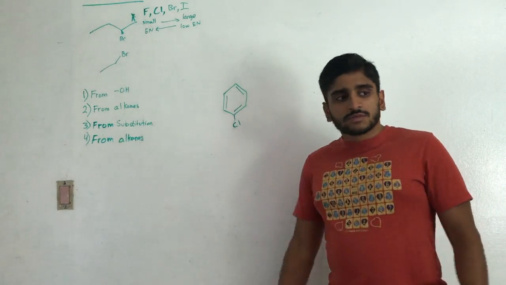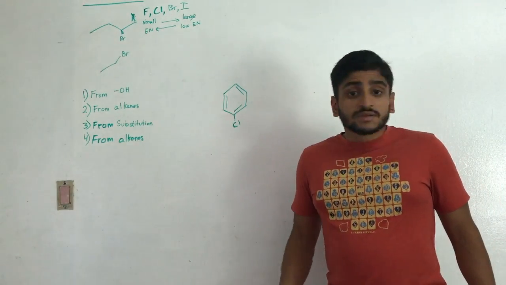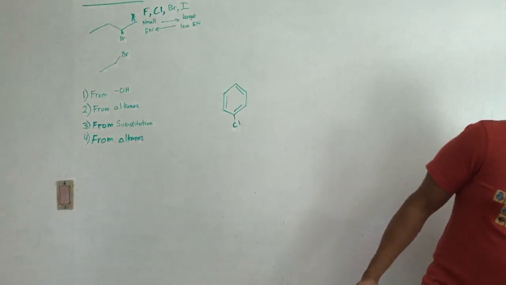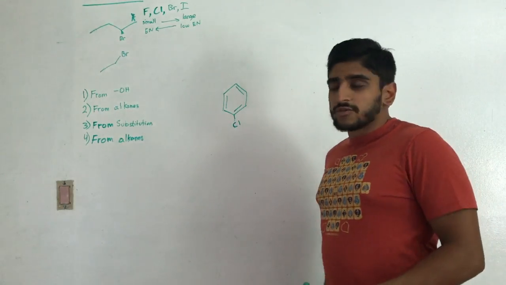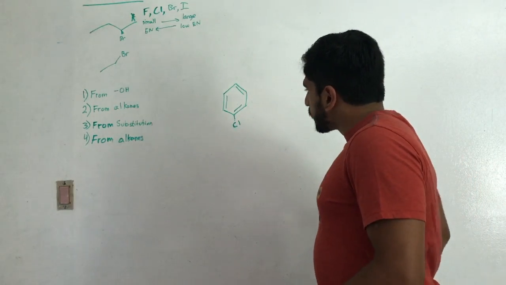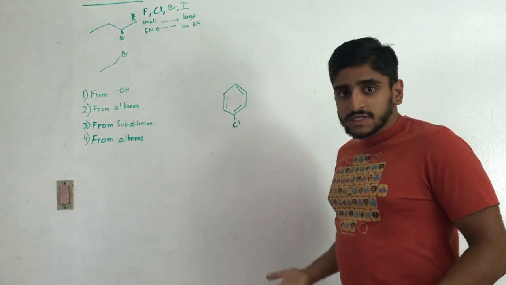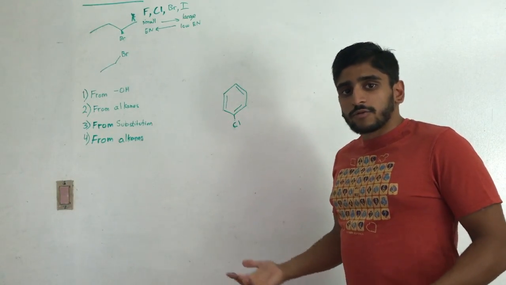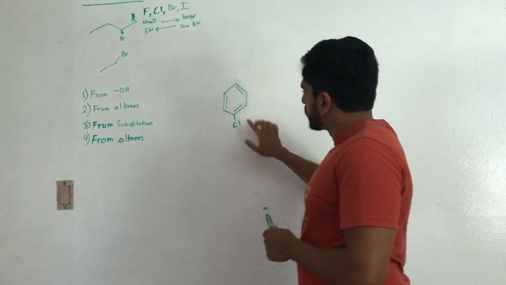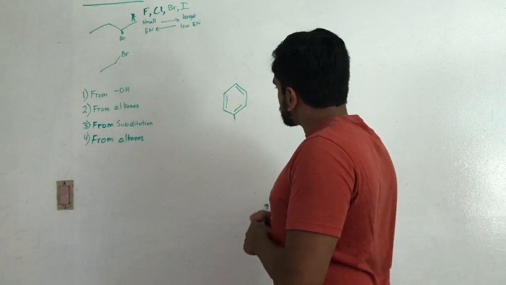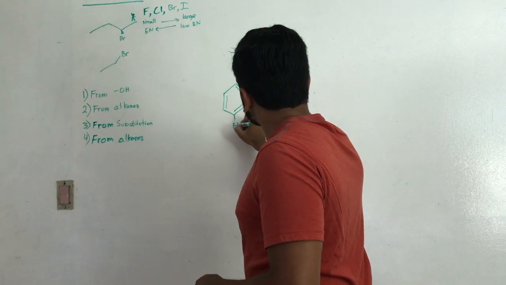But I'm just going to talk you through this system very quickly. All it really involves is the breaking of aromaticity and the reformation of aromaticity. So let's say we start off with this hydrogen.